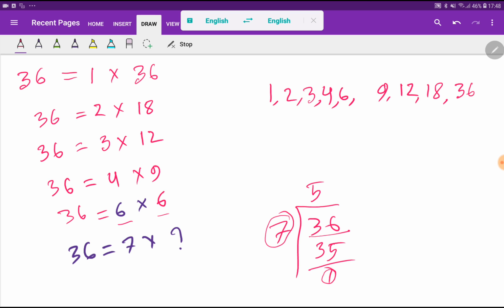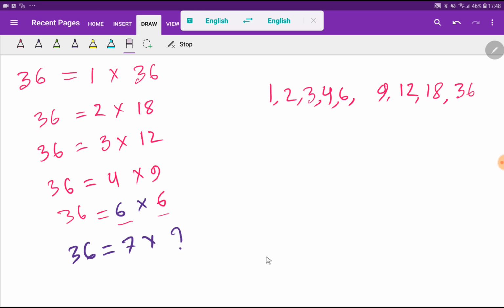So 7 is not a factor of 36. Actually, you will not get any other number out of these numbers. So these are all the factors of 36.